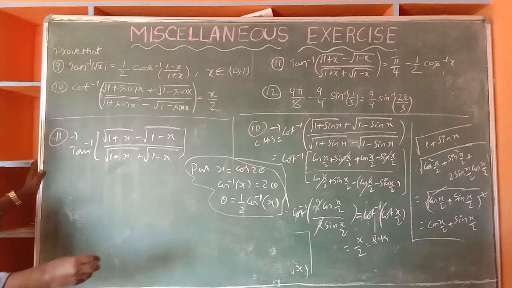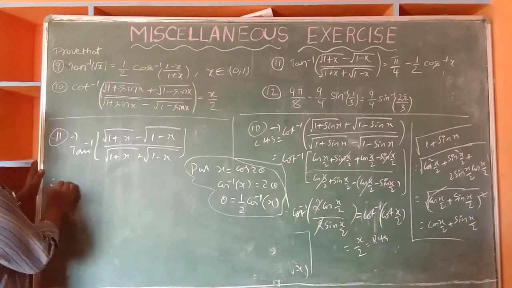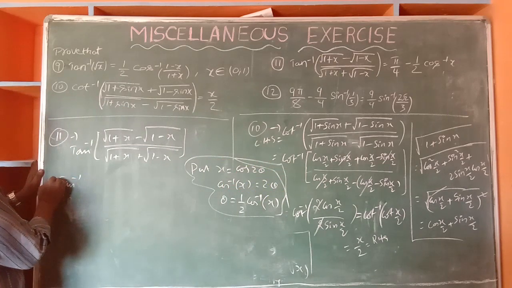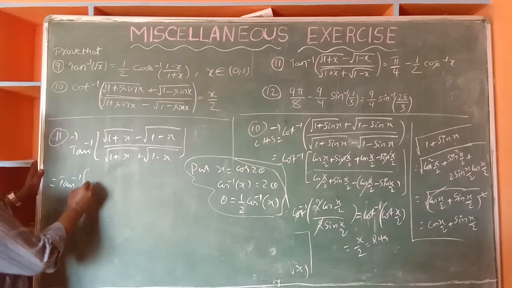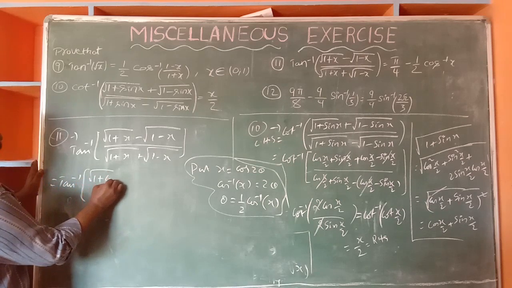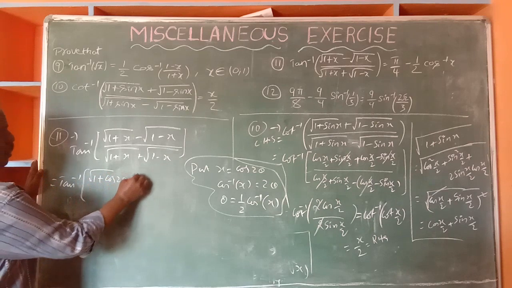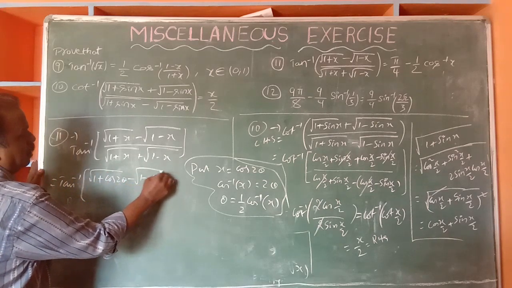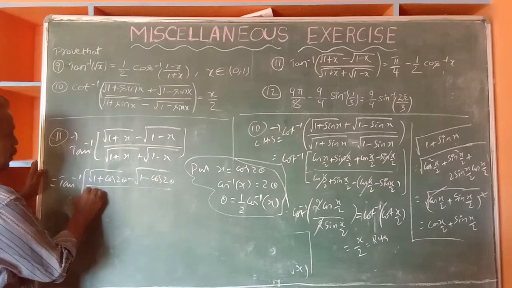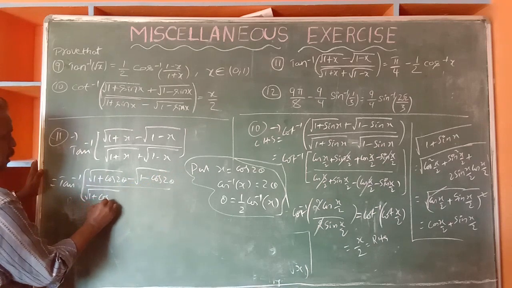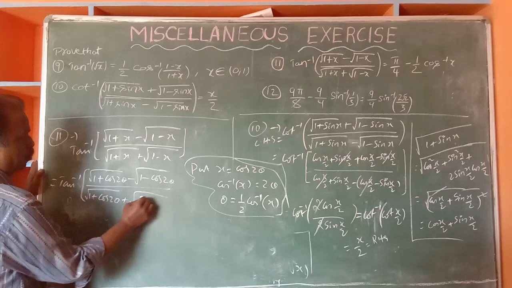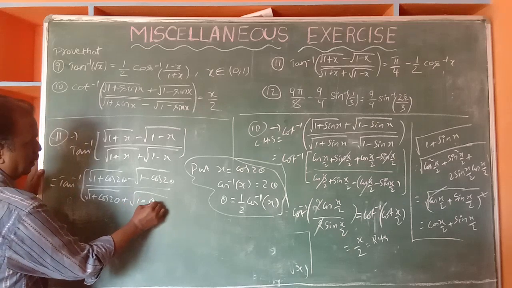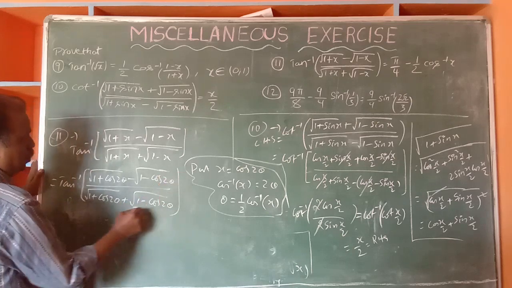Now see, it is tan inverse of (root of 1 plus cos 2 theta minus root of 1 minus cos 2 theta) by (root of 1 plus cos 2 theta plus root of 1 minus cos 2 theta).